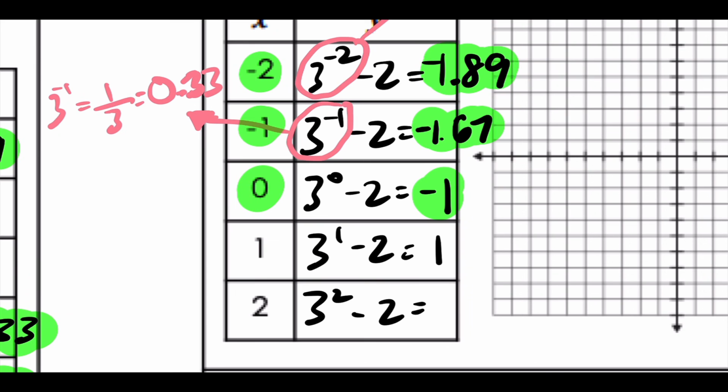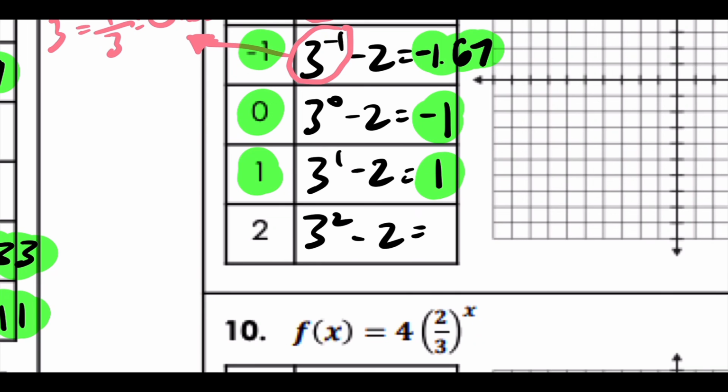Minus 2, positive 1. The last one, 3 squared. What is 3 squared? 9, right? 9 minus 2 is 7.